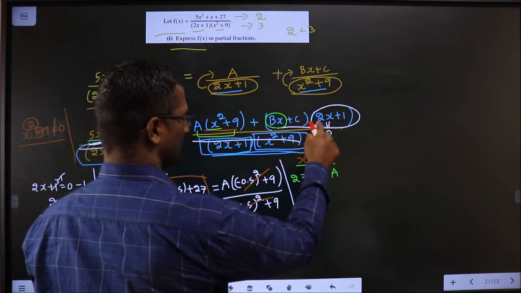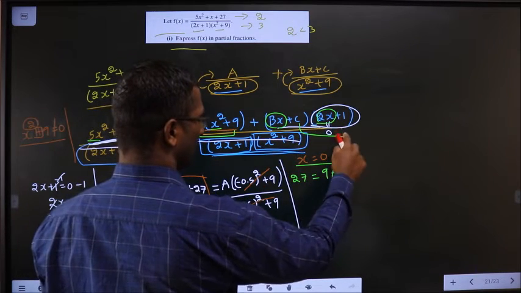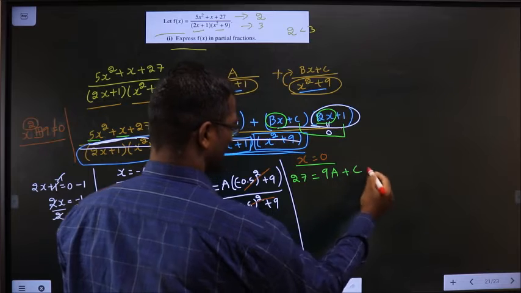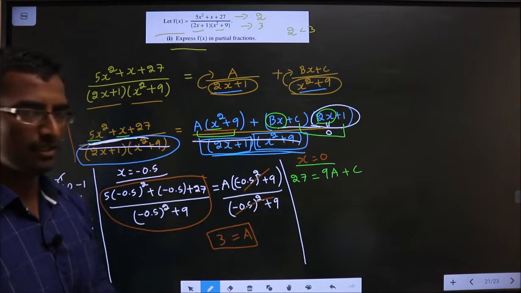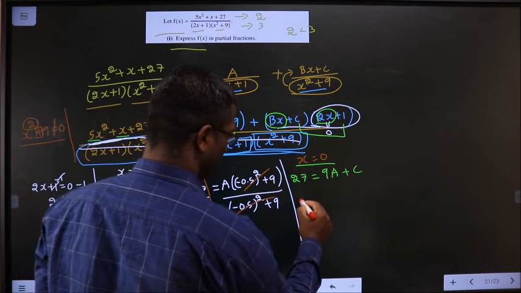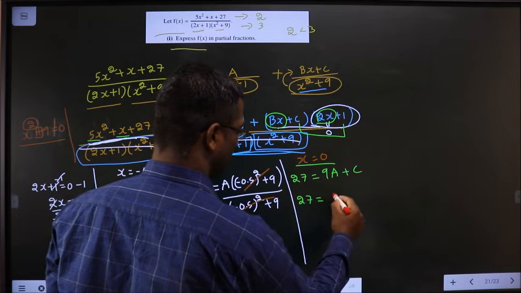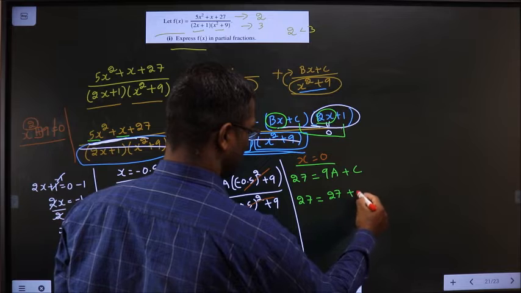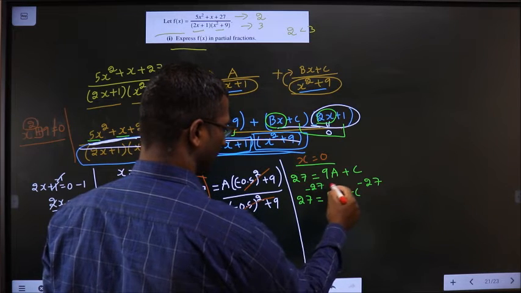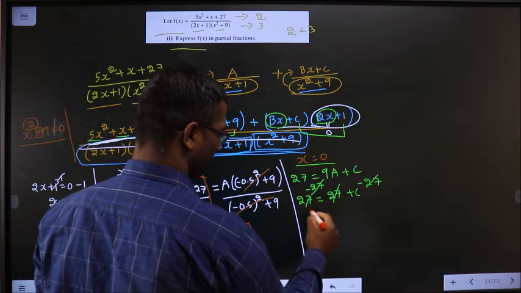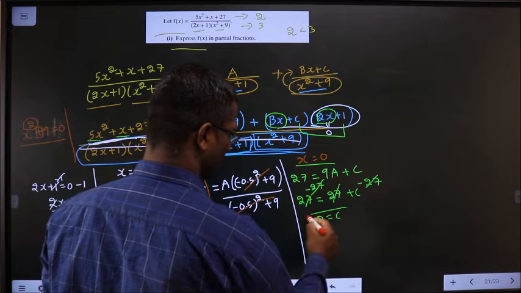When x is 0, this is 0, this is 0, leaving you with c. Okay. Now we know a is 3, replace it here. So 27 equal to 9 into 3, 27 plus c. Now subtract 27 on both sides. So this cancels out, 0 equal to c.